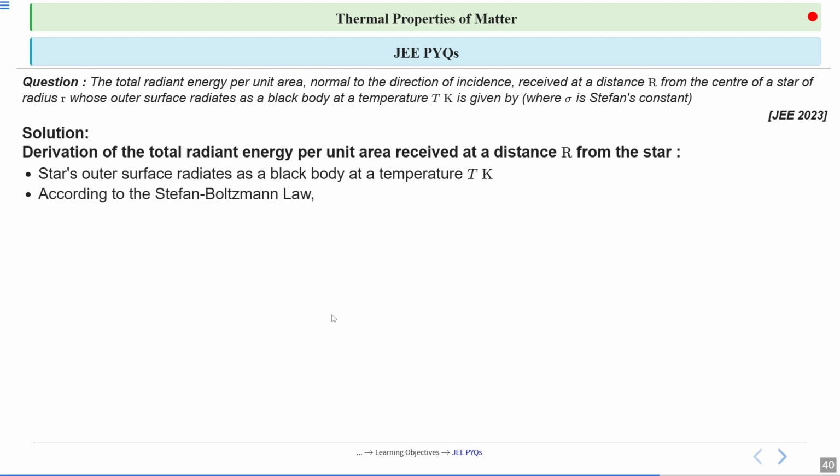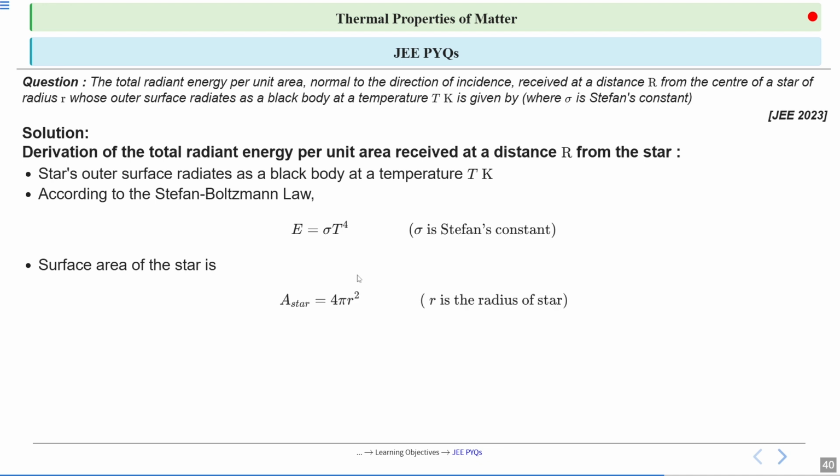According to the Stefan-Boltzmann law, E is equal to sigma T raised to the power 4, where sigma is the Stefan constant, and the surface area of the star is A equal to 4 pi R square, where R is the radius of the star.